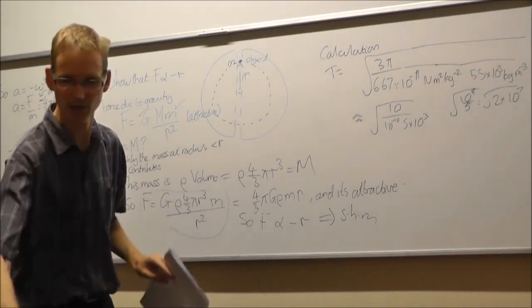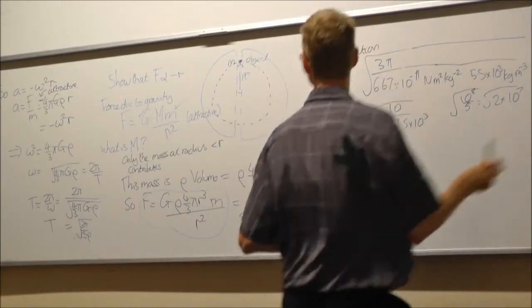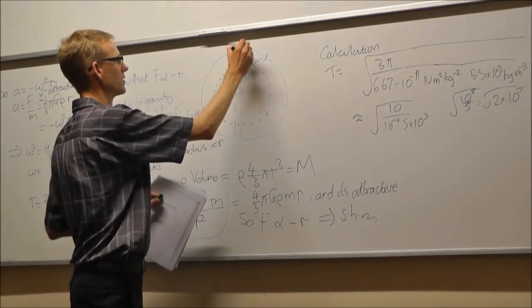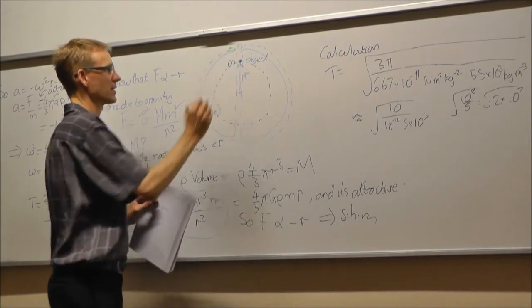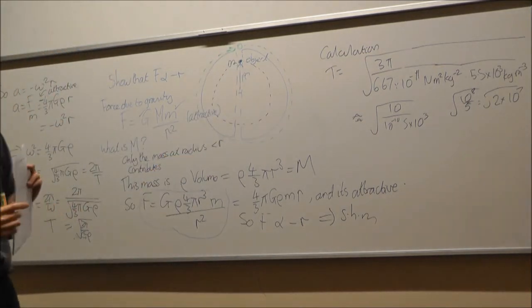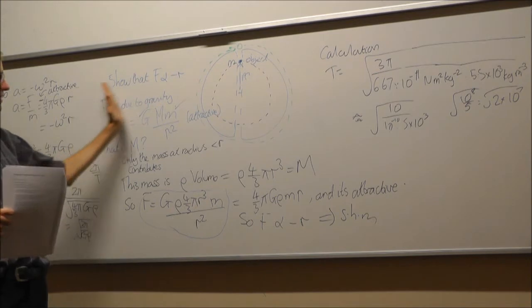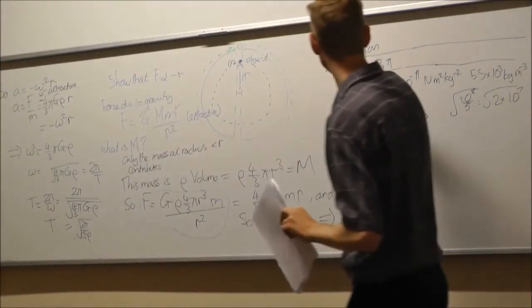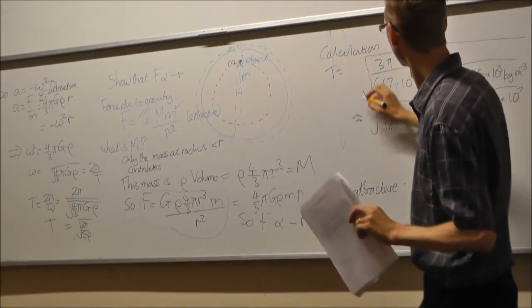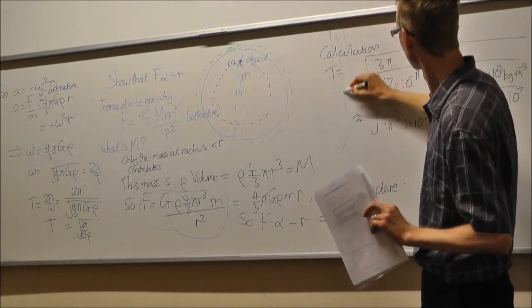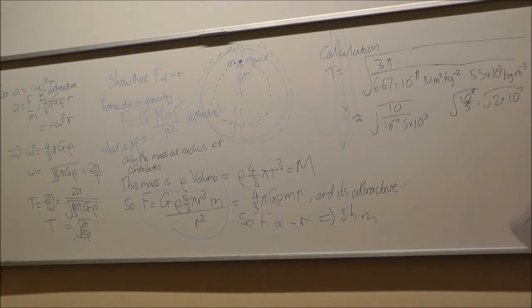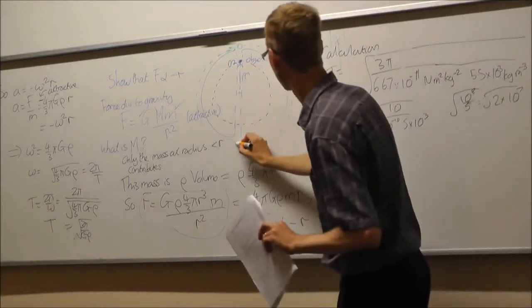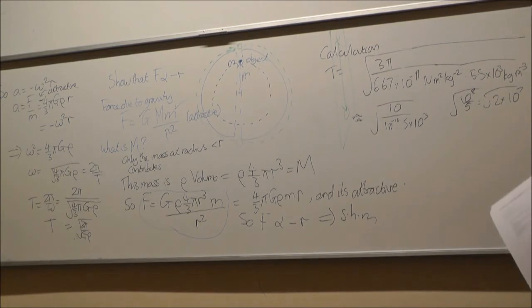So if we've got our object going around the Earth like that, and we project it onto the screen here, what we see is simple harmonic motion. Okay, so is that thinking along the right lines? We can certainly include that in our answer.